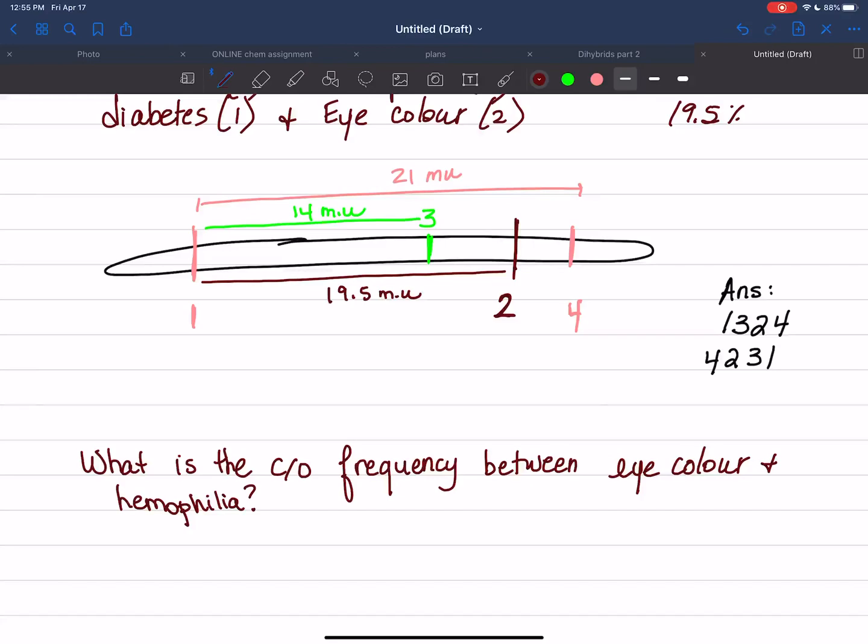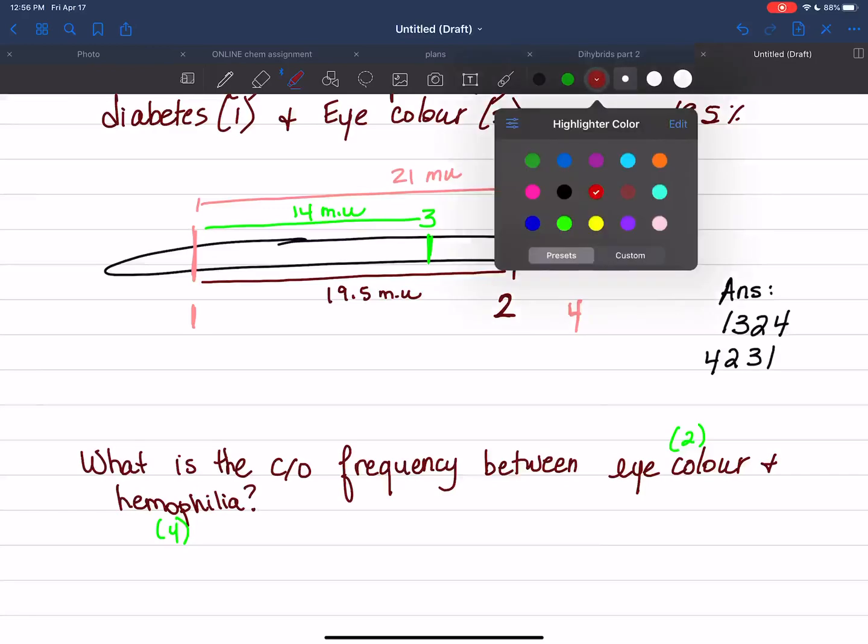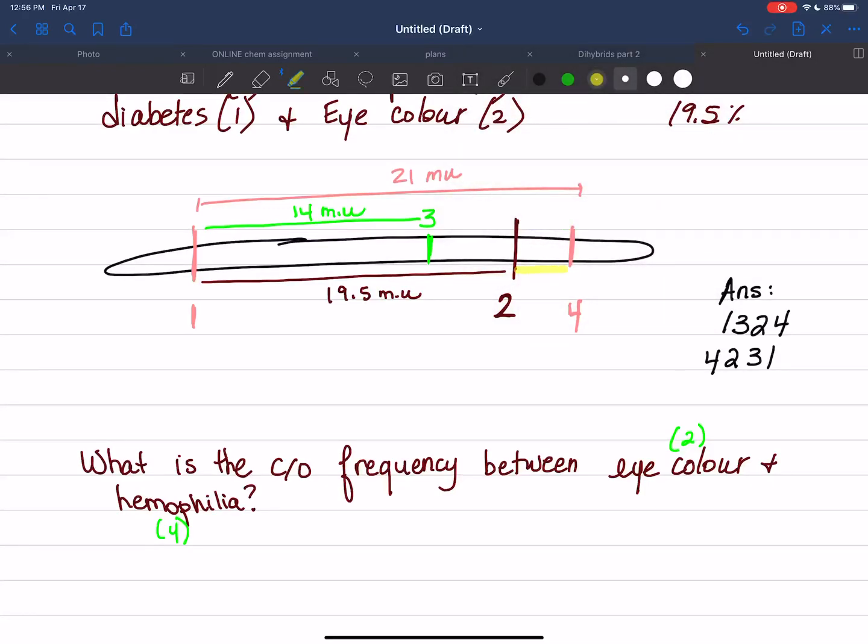So now I can use my chromosome map to figure out the map units or the crossover frequency between 2 other genes. Here I have eye color is number 2 and hemophilia is number 4. So what we're looking for is the crossover frequency right here.